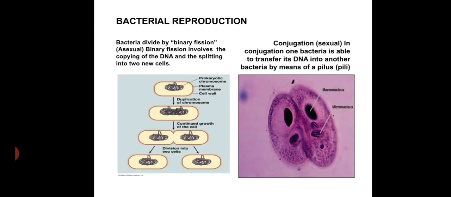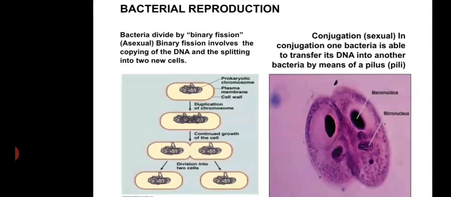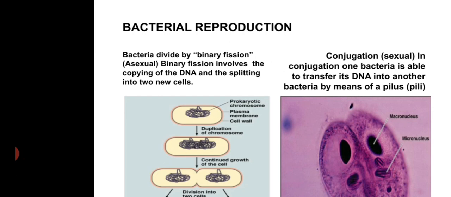And the next is how this pili helps in bacterial conjugation. In bacterial reproduction, there are mainly two types: one is asexual reproduction and the other is sexual reproduction or conjugation.